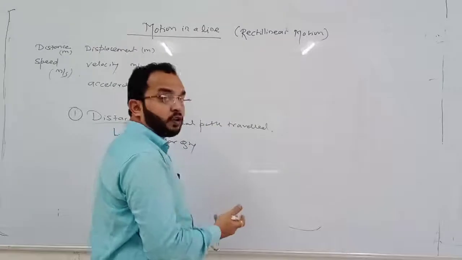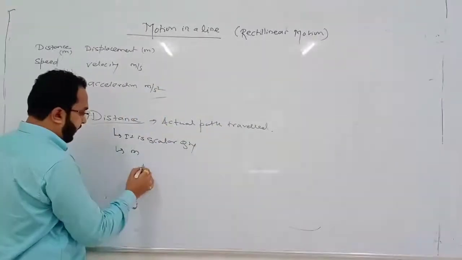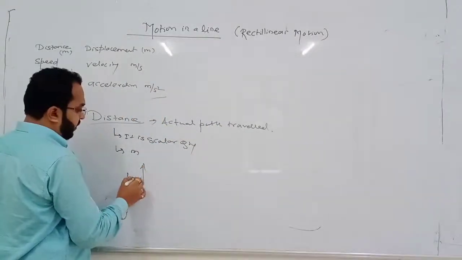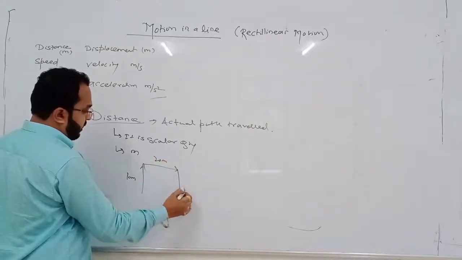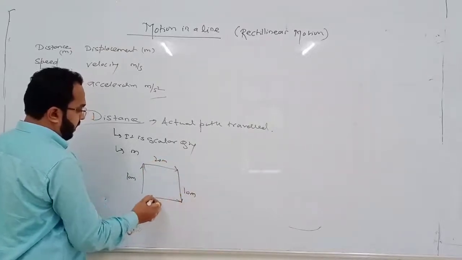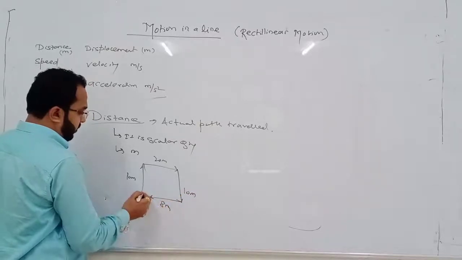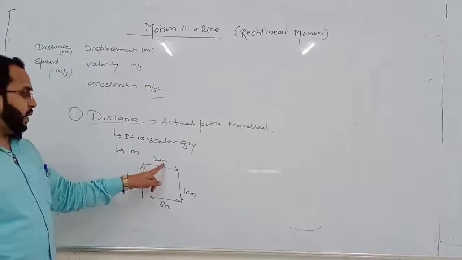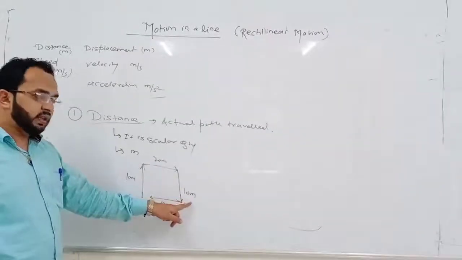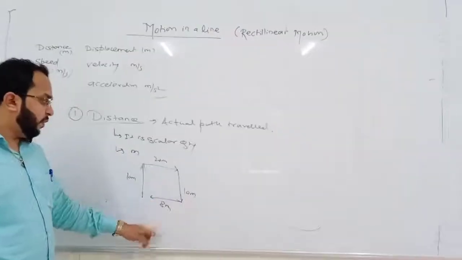Now, if it is the actual path traveled, for example, this one went 10 meters here, went 20 meters here, came back 10 meters, and here came 8 meters. What is the actual path traveled? 10 plus 20, 30, 30 plus 10, 40, 40 plus 8, 48.